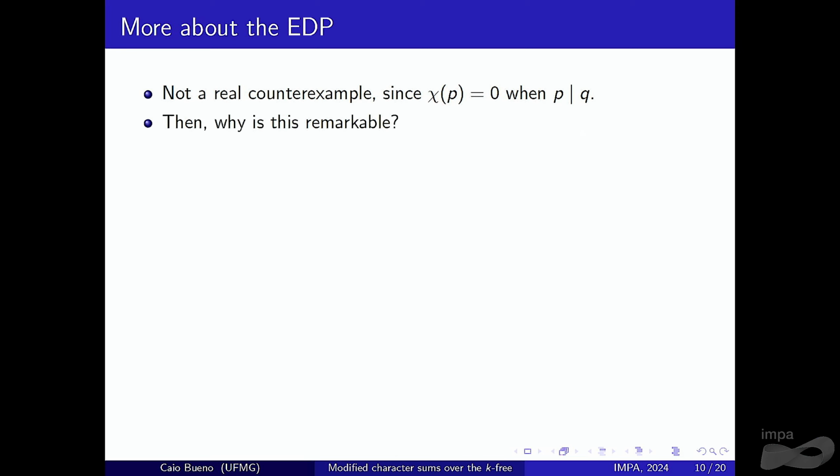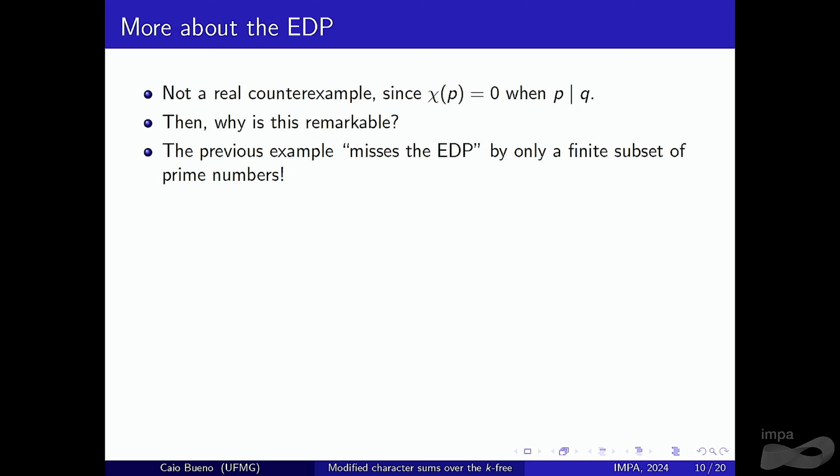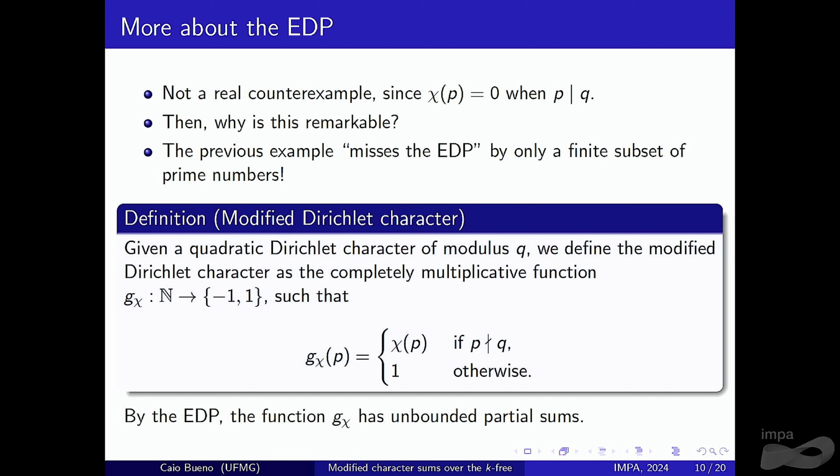But this is interesting because we have a non-trivial example of a function that has finite discrepancy, and it almost satisfies the Erdős discrepancy problem. It vanishes only for a finite subset of primes. Another important example is what we call the modified Dirichlet characters, and we define them as follows.